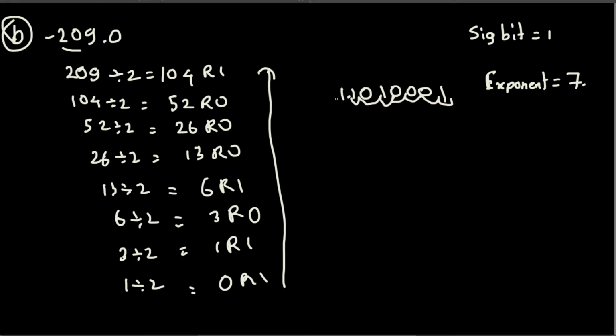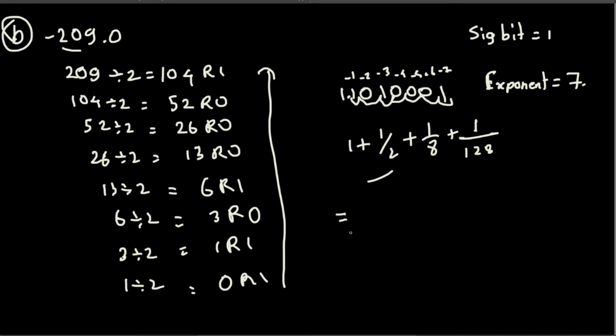So this 1 is at 2 power 0 location, so that's 1. And then this is at 2 power minus 1, so this is 1 over 2. Then with 2 power minus 4 we have 1 over 16, and 2 power minus 7 is 1 over 128. If you add them together, that's going to be the mantissa for this one.